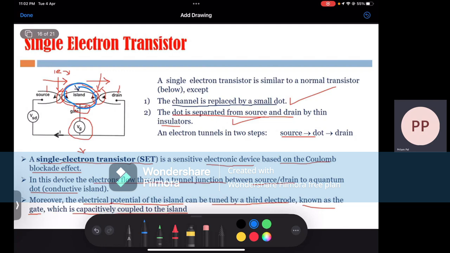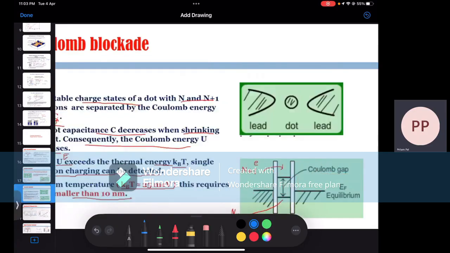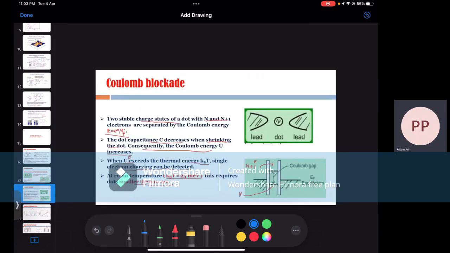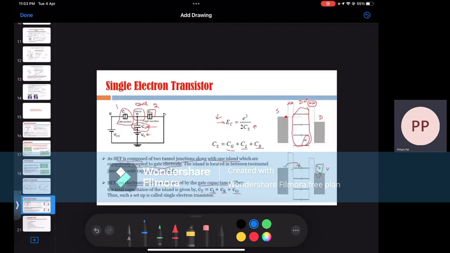So you can just quickly see all this. Basically, then Coulomb blockade and the Coulomb energy, I have already discussed this in my earlier lectures, and this is the quantized IV characteristics.